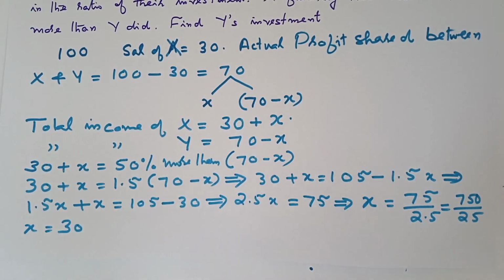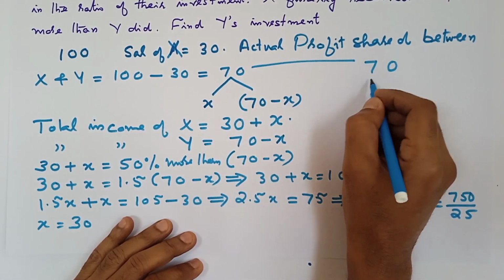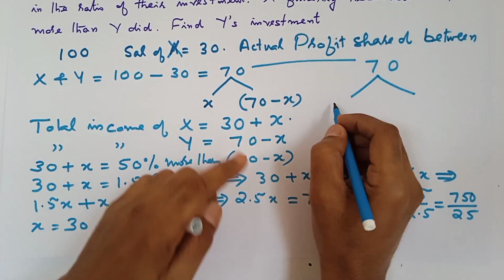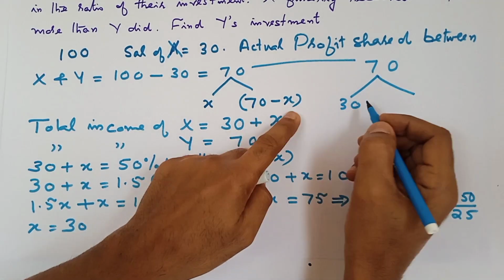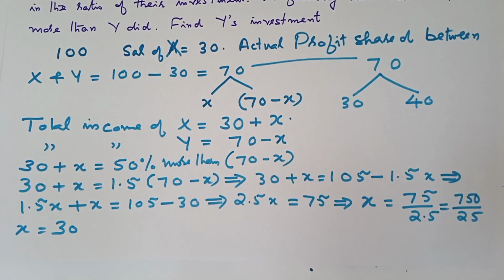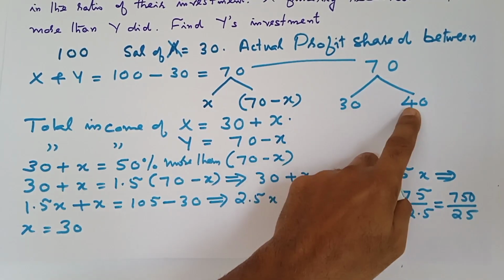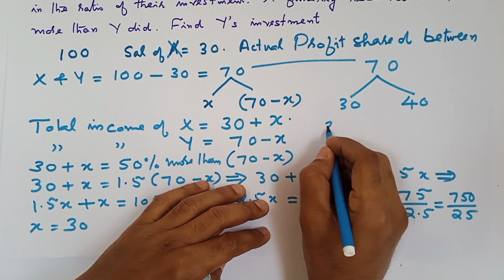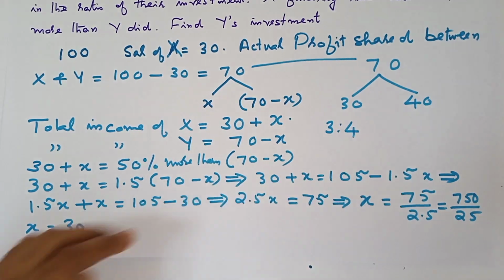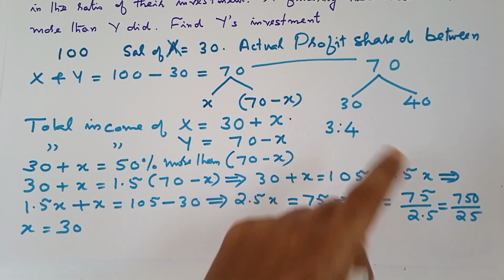So what do you observe finally? I can write this again. 70 gets divided into 30, and 70 minus x will be 40. From these two, the profit is getting shared as 30 and 40, which means the ratio will be 3:4. So finally, we have been able to arrive at the profit sharing ratio between X and Y, which is 3:4.